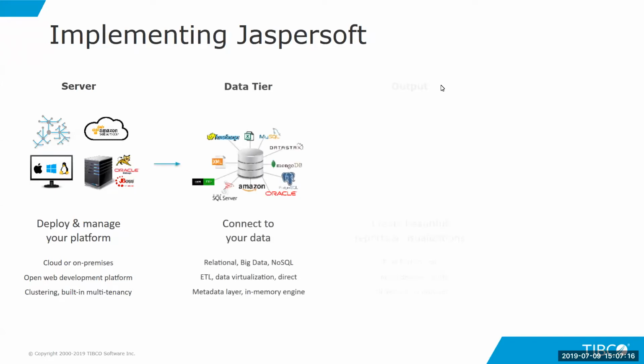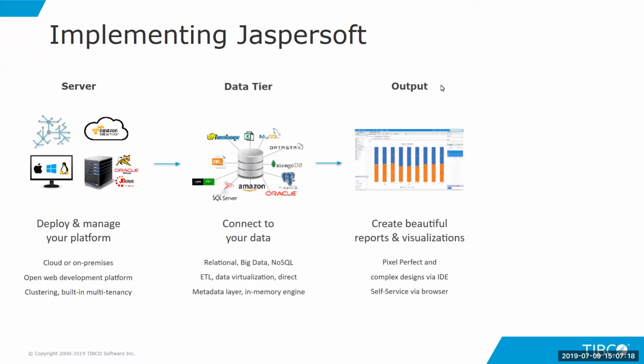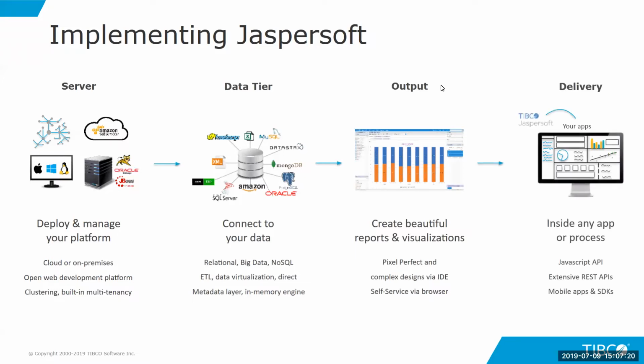Then you build your visualizations in Jaspersoft, and then you embed it, right? We really did have this parallel process going on, where a lot of the installation and the data side was done pretty quickly. And then we iterated on the output and the data tier quite a bit to get the visualizations that we wanted. And then obviously, it's very easy to do the embedding piece on the delivery end.